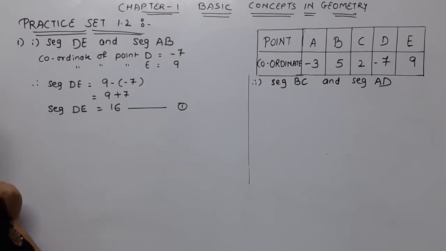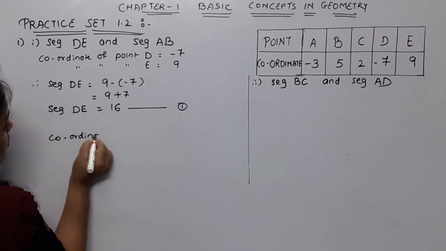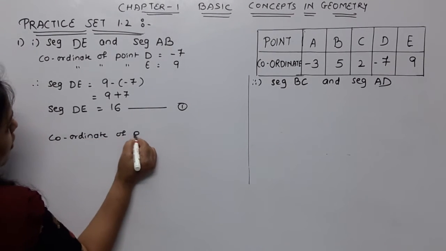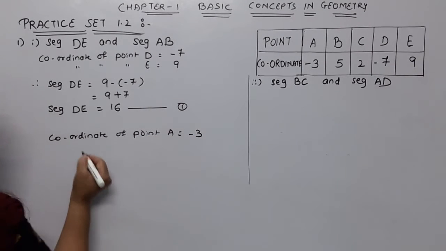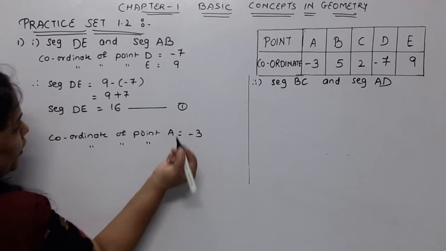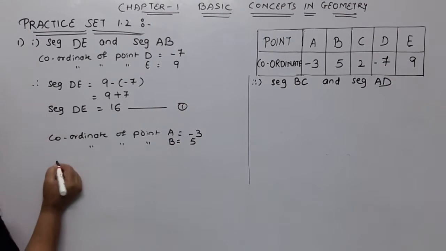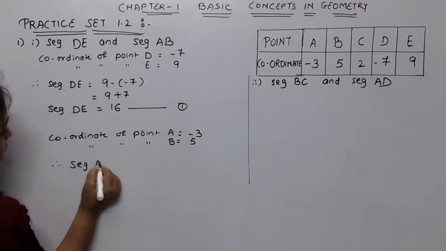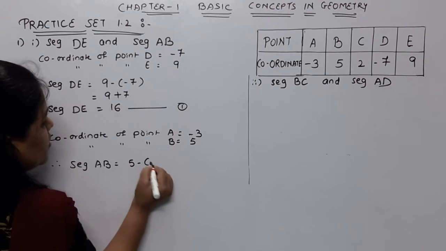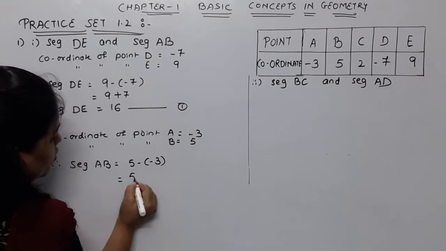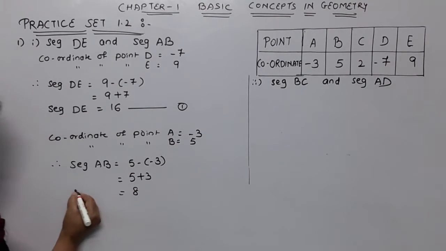Then we'll go for AB. Here coordinate of point A equals -3 and coordinate of point B equals 5. Therefore seg AB is equal to 5 minus -3, that is equal to 5 plus 3 equals 8.